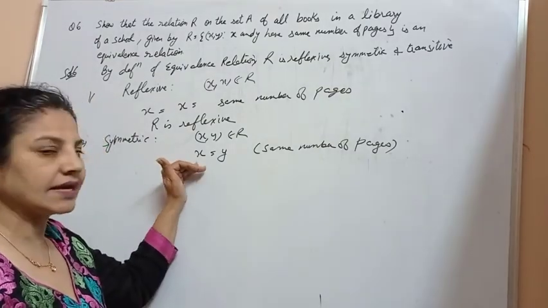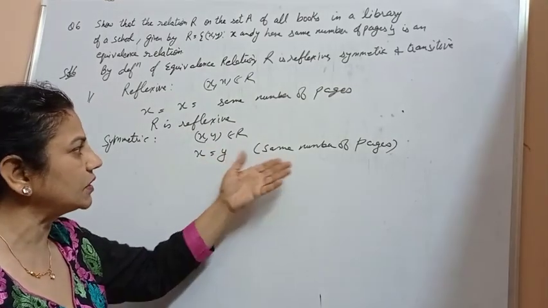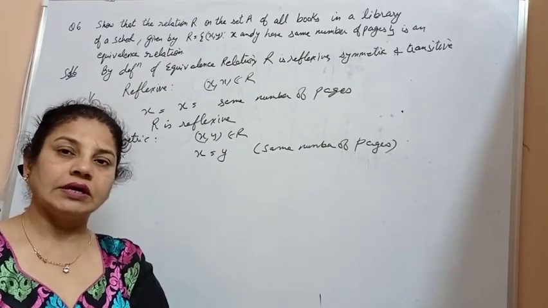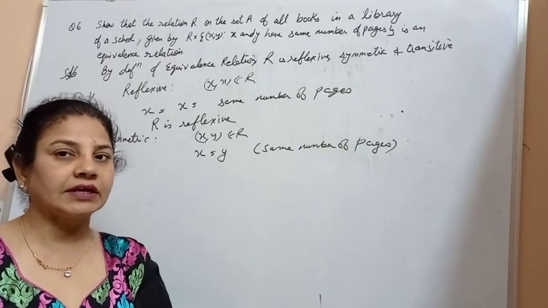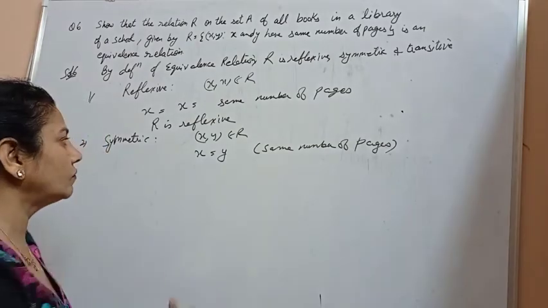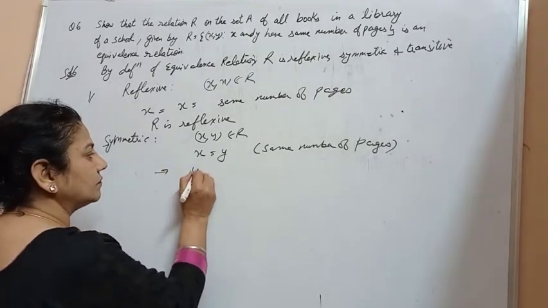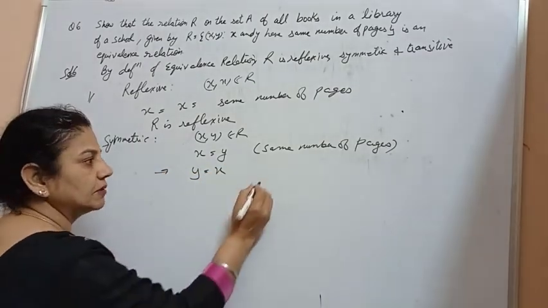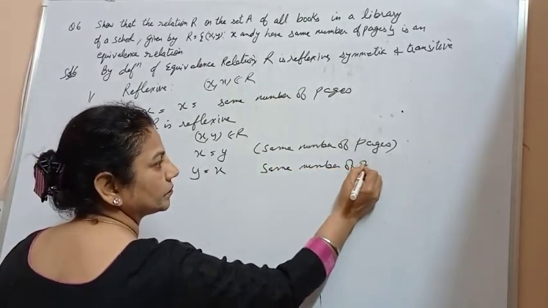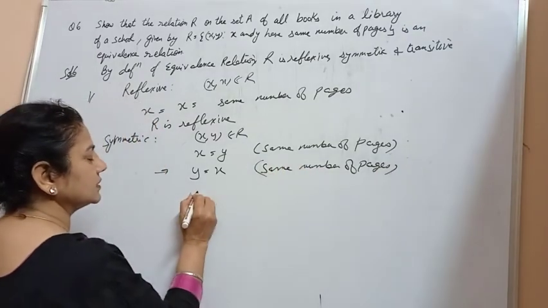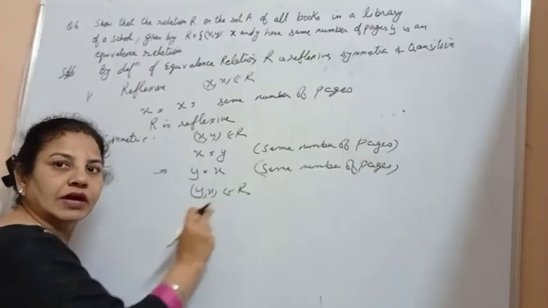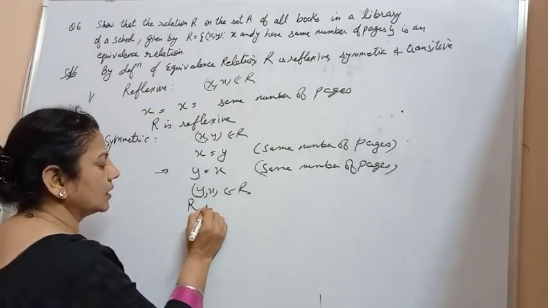So if the number of pages of X and Y are both the same, then X is equal to Y. If I take the chemistry book, then the number of pages will be 250. After that if I take the mathematics book, the number of pages will also be 250. The number won't change. So if X is equal to Y, it implies that Y is equal to X, because they have the same number of pages. What does this mean? That (y, x) belongs to R. (x, y) belongs to R, and we have (y, x) belongs to R. It means R is symmetric.